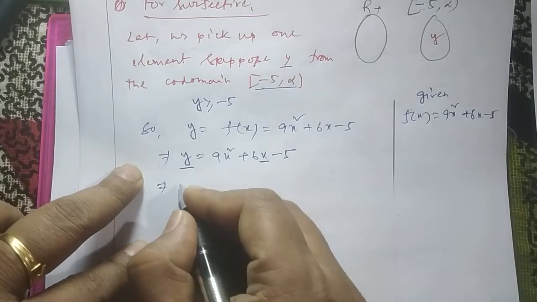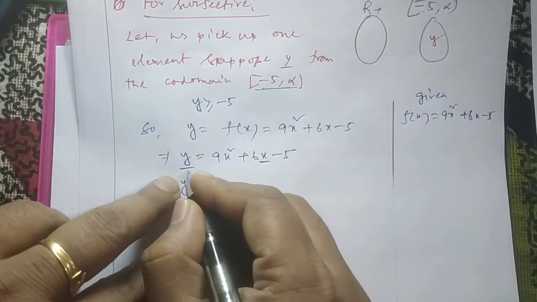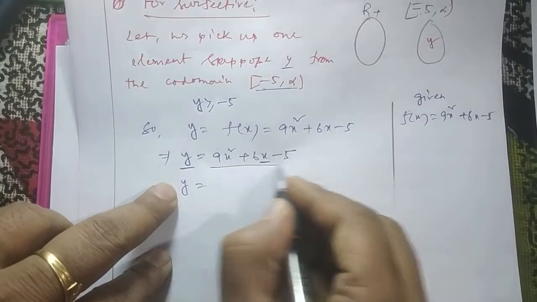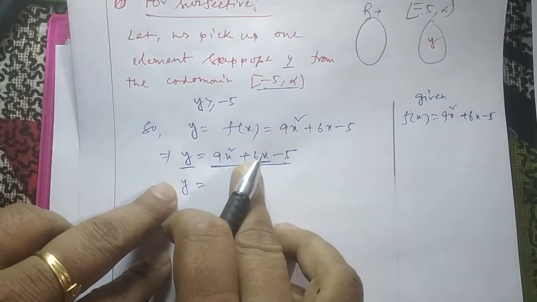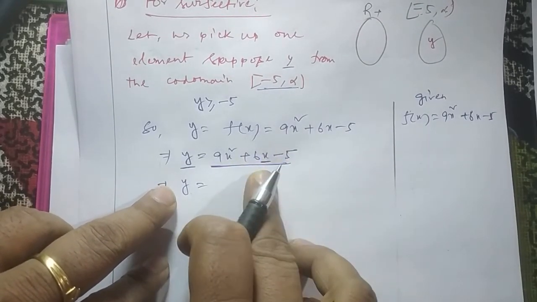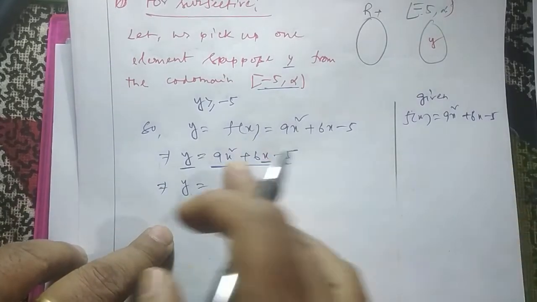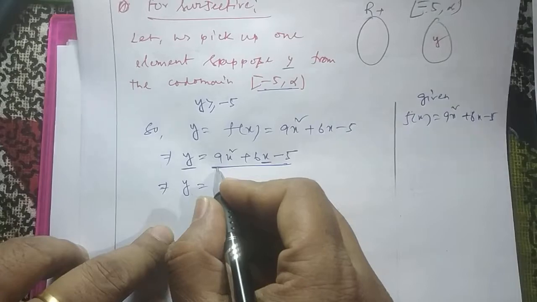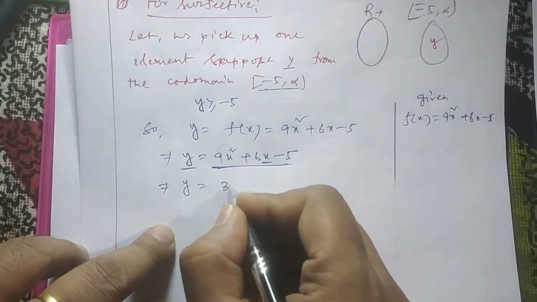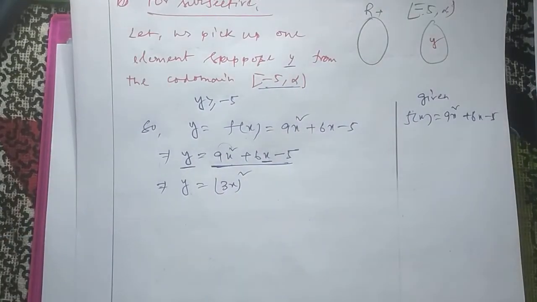For this purpose, write down y as it is. We need to modify this term. We have to bring a perfect square on the right hand side to find the value of x very easily. So this 9x square can be written as 3x whole square. Correct?